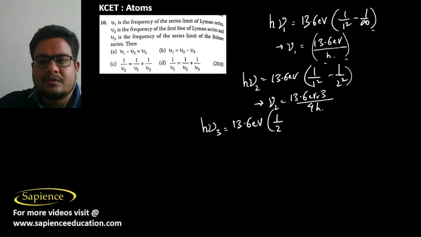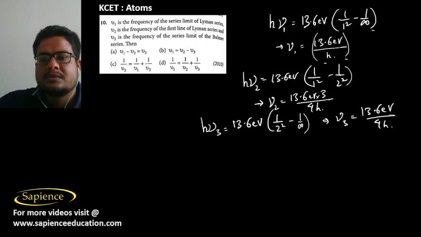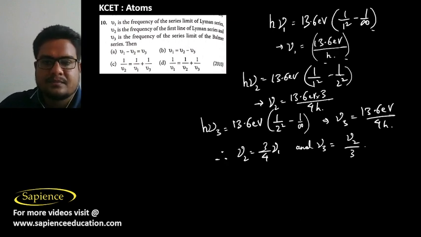So this will go from infinity to 2. So therefore mu 3 is equal to 13.6 electron volt by 4h. Here you can see that mu 2 is equal to 3 by 4 into mu 1, and mu 3 is equal to mu 1 by 4.